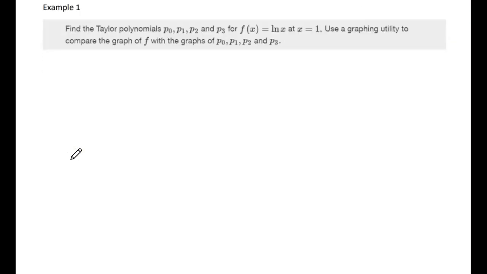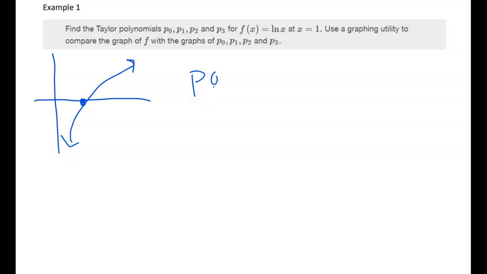So let's do this for natural log at x equals 0. So let's look at our natural log function. So p of 0 is just f of 0. And so that's natural log, so p of 0, excuse me, we're centered at 1. So p of 1, natural log of 1, which is 0.